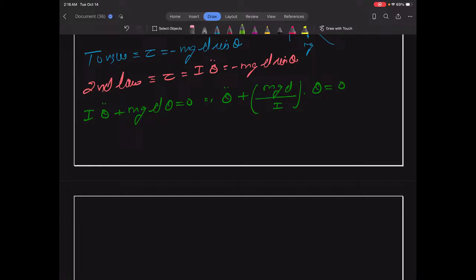Okay, and this is nothing but our equation of SHM, and from here we can write that our angular frequency, that is omega square, will be equal to mg d upon I, which gives us that our time period, which is equal to 2 pi upon omega, giving us 2 pi square root of I upon mgd. Okay, that's why the small angle approximation is very important. So we can just assume that the higher angles can be neglected.